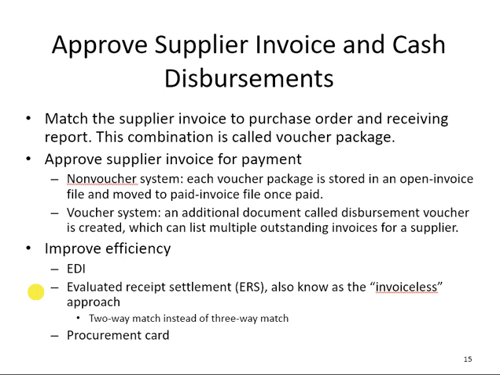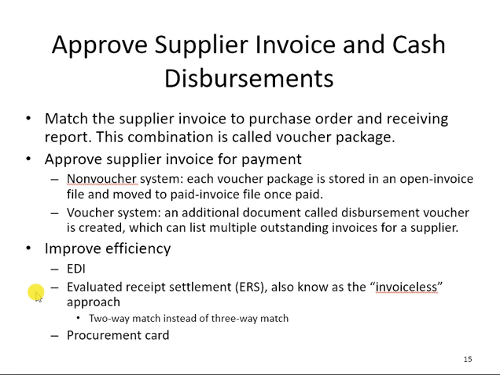And for small purchases or miscellaneous purchases, a procurement card could be very useful. A procurement card is a corporate credit card that employees can use, okay, at designated suppliers.